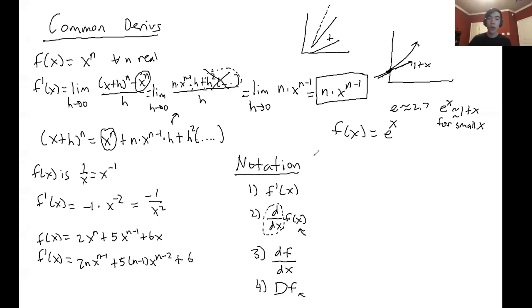So when we use the formula for the derivative f prime of x, we get e to the x plus h minus e to the x over h. We know h is very small, so we can split e to the x plus h into e to the x times e to the h.